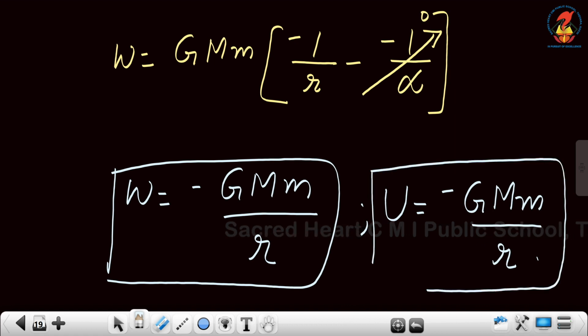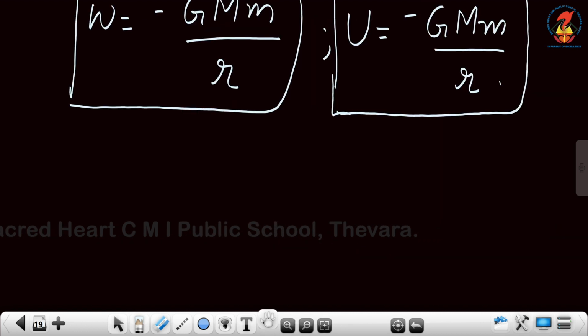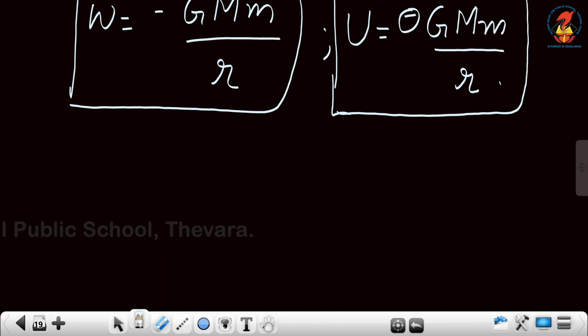This is the equation to find out the gravitational potential energy of an object placed at a particular point in the field of the other. Now if you look at this equation, there is a negative sign here, isn't it?